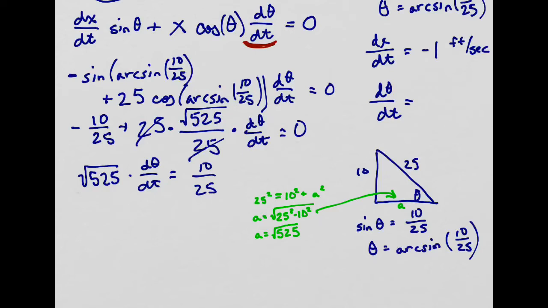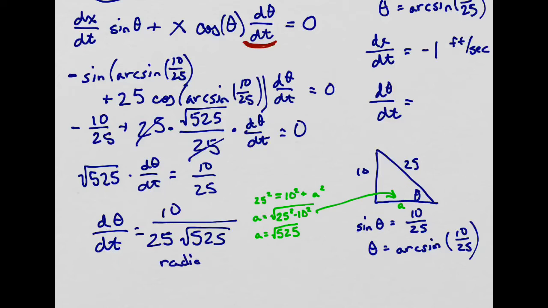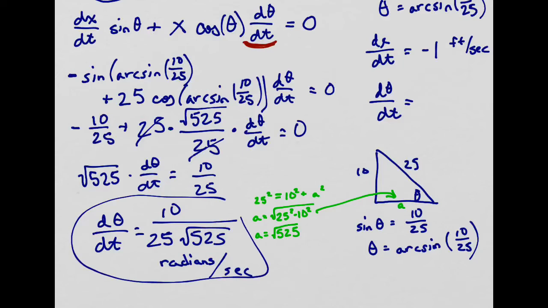And so d theta dt is equal to 10 over 25 times root 525. And then our units are going to be radians per, and I don't remember what the time is, it looks like per second. So this is our ultimate answer, not cleaned up.